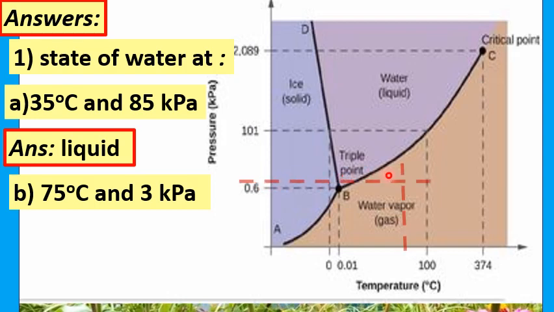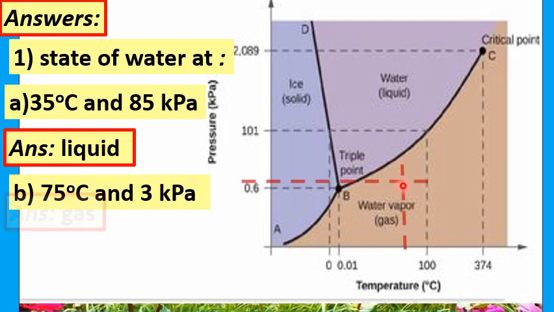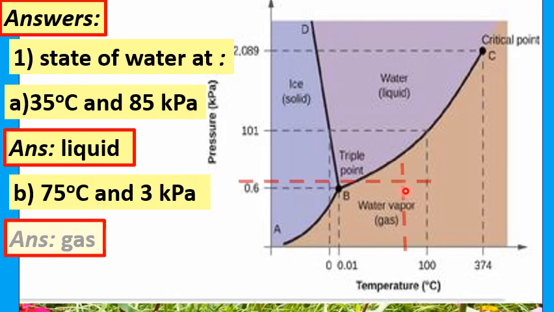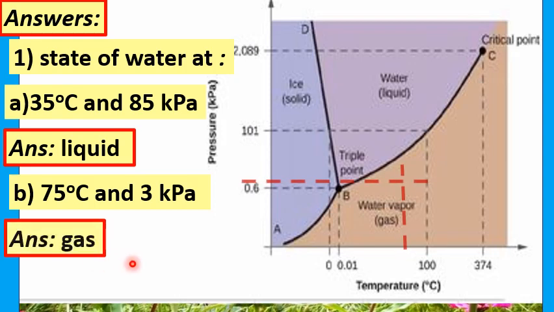So when they intersect, the point of intersection is in the region of the gas state. Therefore, our answer to question letter B is that water is in gaseous phase.